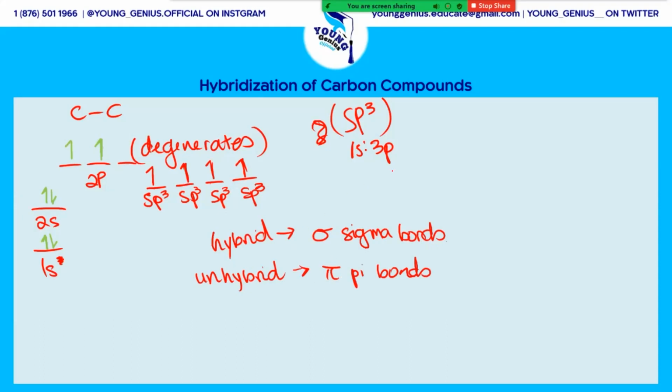So let's say you have C to C double bonds. You have your 2s orbital and your 2p orbitals. The 2s orbital will only mix with 2 of the 2p orbitals. So you will have 1, 2, 3 sp2 hybrids.